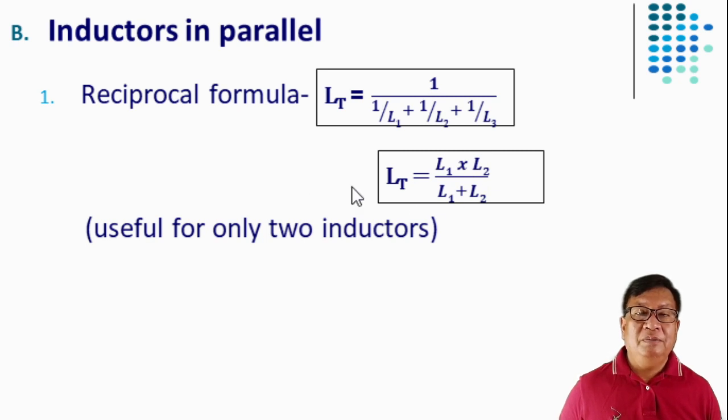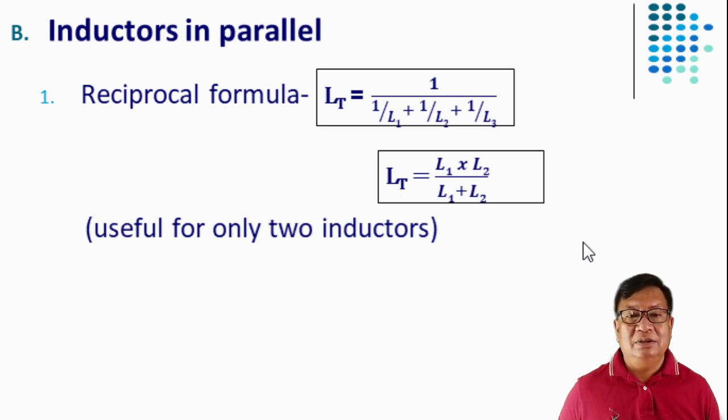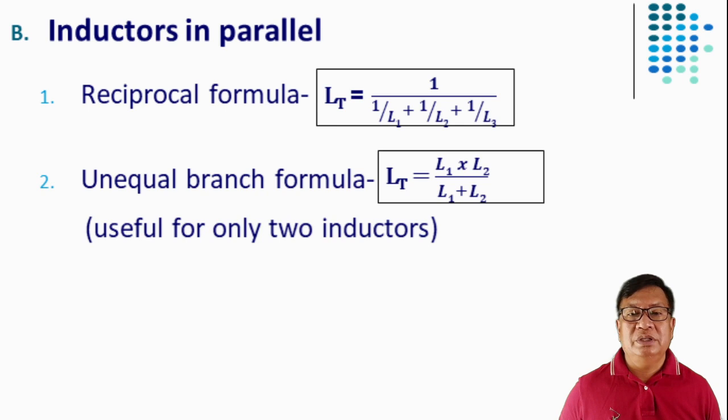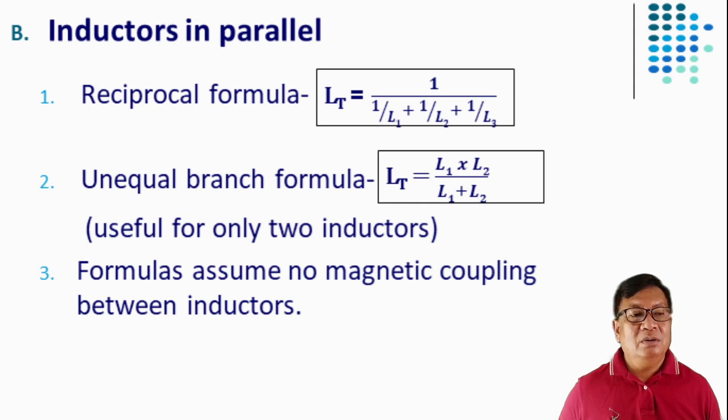So if you have these two inductors connected in parallel, then the total inductance is equal to L1 times L2 divided by L1 plus L2. So basically similar to what we did in our resistors. That is, if we have two inductors connected in parallel. Okay. Pero kung mayroon po tayong equal, no?